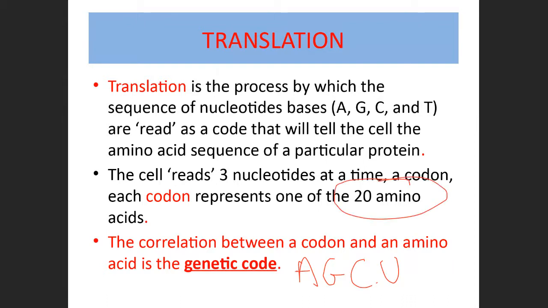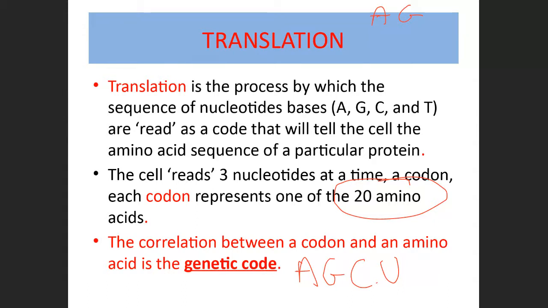Okay, then if you start putting 2 nucleotides together and you make the code that gives you an amino acid, 2 letters, you still are not going to have enough. So you needed a language that had at least 3 letters together.